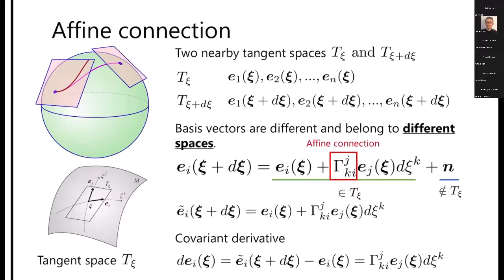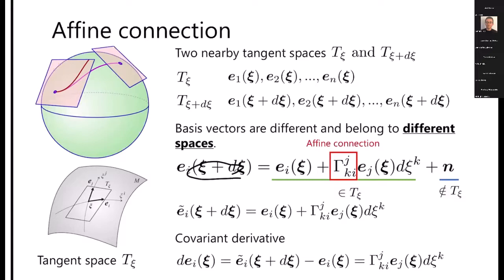So if you express the tangent vector at xi plus dxi by the tangent vector at xi, you first get the component vector which lies in the tangent space at xi, but you also have some vector component which does not belong to the tangent space at xi.